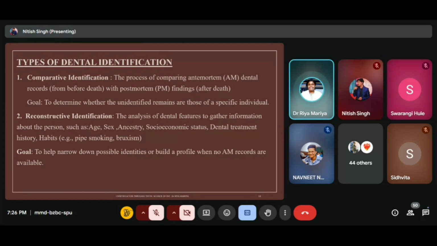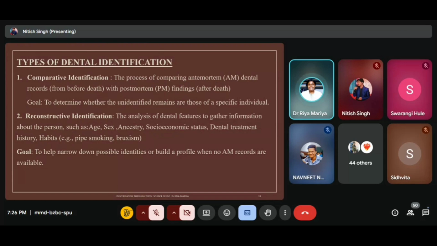Types of dental identification. There are three types of identification, and the first one is comparative identification. In comparative identification, the word itself denotes comparing ante-mortem dental records, that is the dental records which are present before death, with the post-mortem findings.